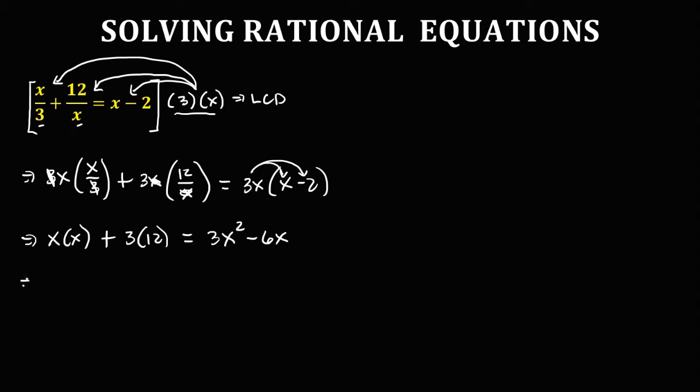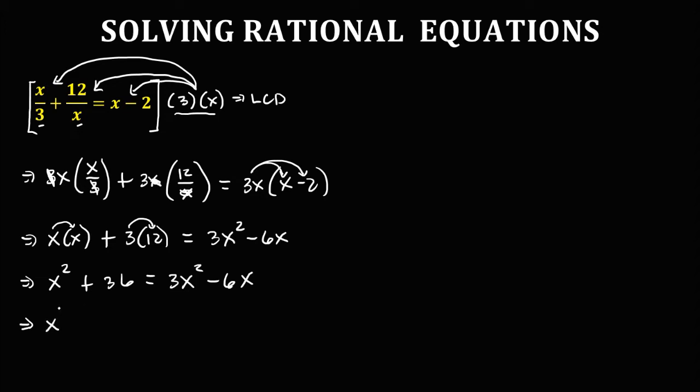Then simplify, so x times x, this one is x squared, then plus 3 times 12, this one is 36, then equals 3x squared minus 6x. Then equate this equation to 0, so transpose everything to the left side.